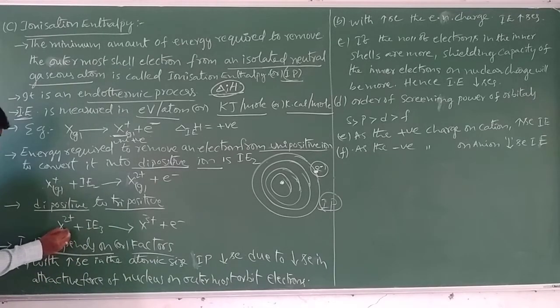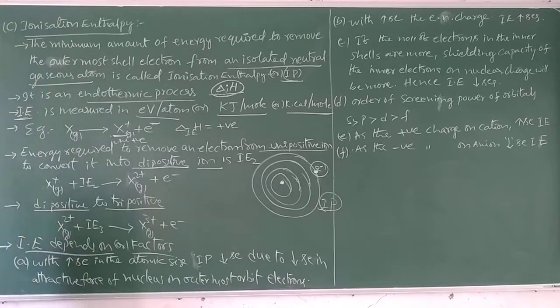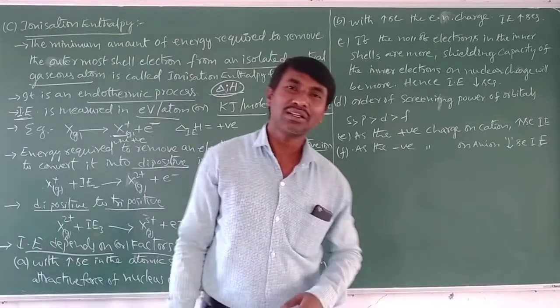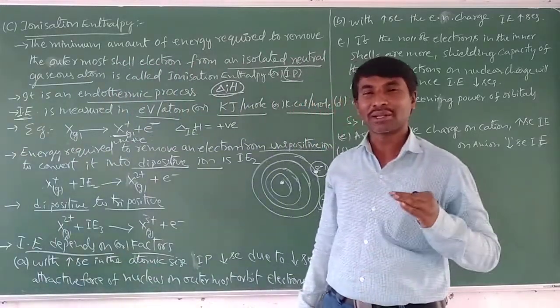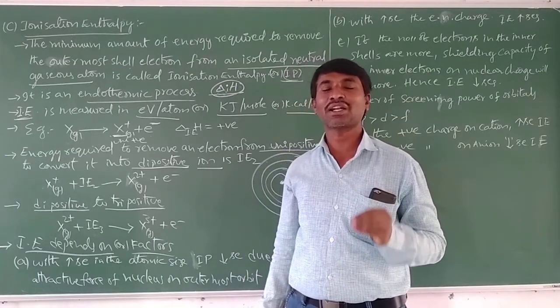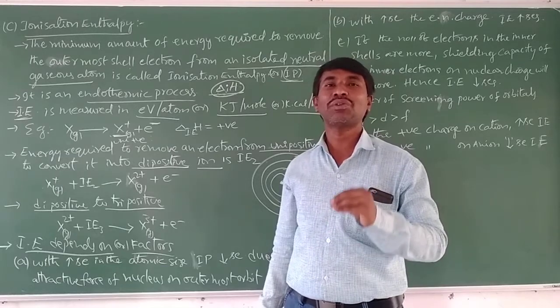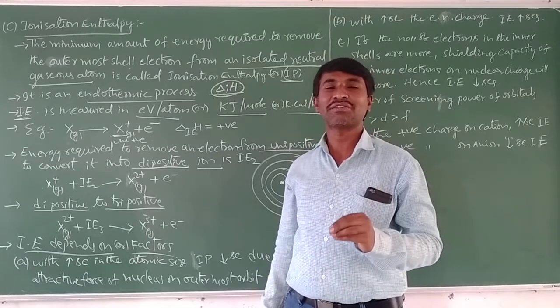That is X2 plus gas plus IE3 gives rise to X3 plus plus an electron. So we have to see the successive ionization enthalpies, depending on the number of electrons present in the atomic orbitals.